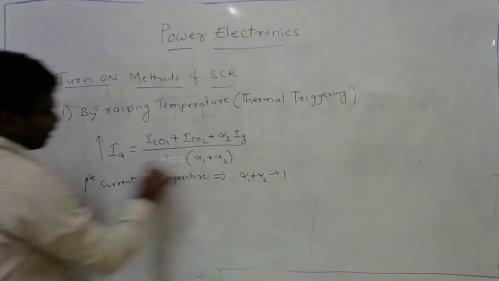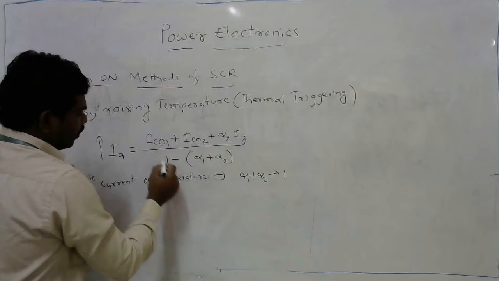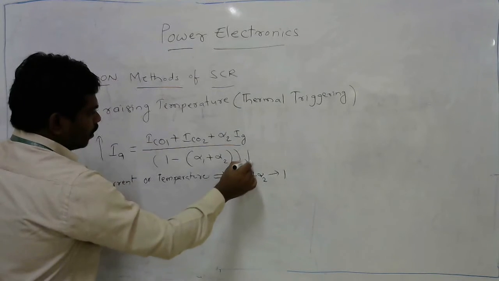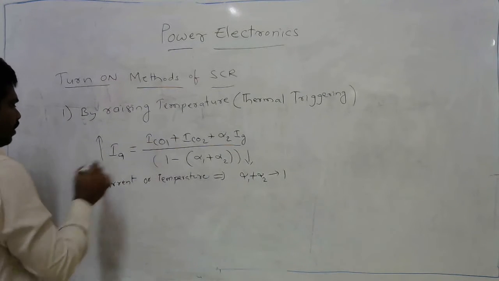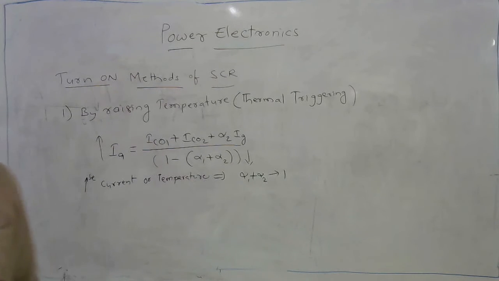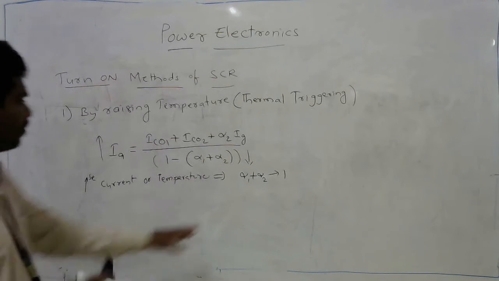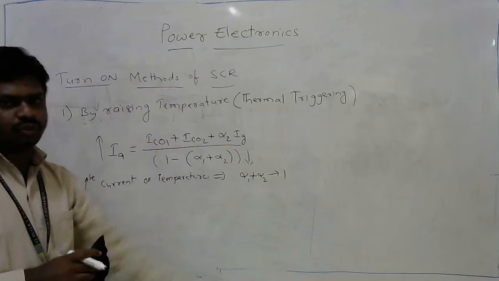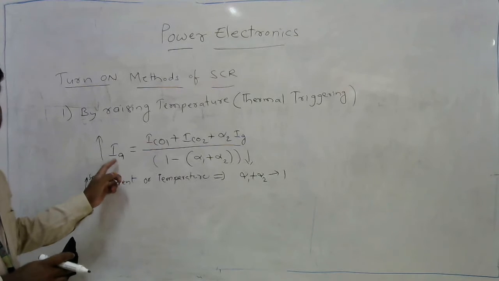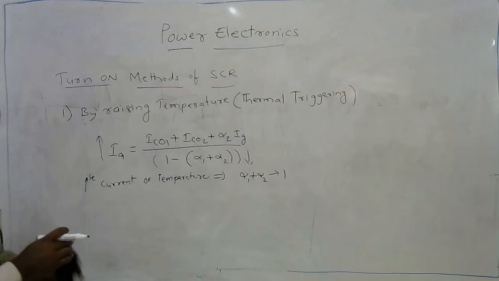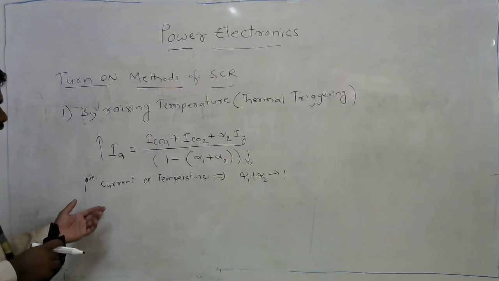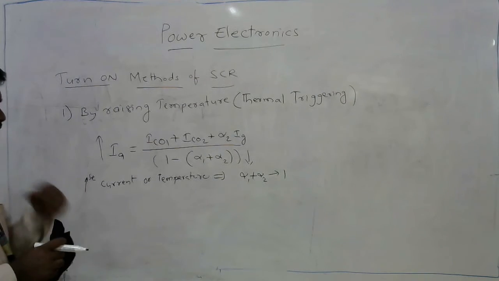If it does, the entire denominator tries to reduce, and since they are inversely proportional, if alpha 1 plus alpha 2 reaches unity, the current flowing through the device from anode to cathode increases. That can be done by applying some temperature.